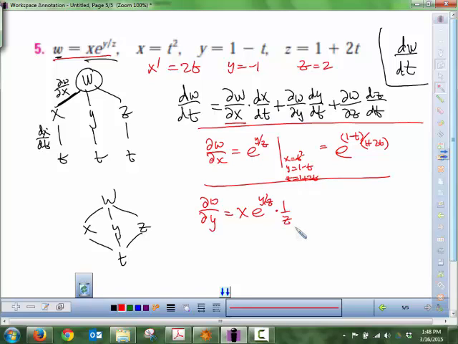Okay? And again, we evaluate this with x, y, and z. So wherever we see an x, we're going to put t squared. Wherever we see a y, we're going to put 1 minus t. Wherever we see a z, we're going to put 1 plus 2t.